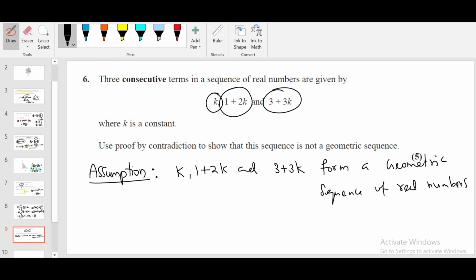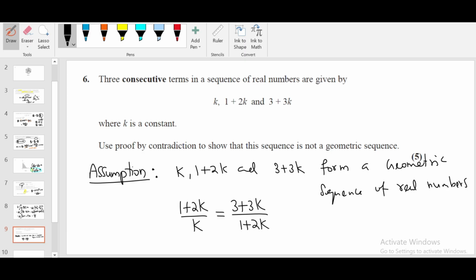That contradicts the assumption. Since these 3 terms form a geometric sequence, you can find the common ratio. Second term divided by the first term equals third term divided by the second term. And then cross multiply. You will get 1 plus 2k times 1 plus 2k is equal to k times 3 plus 3k.